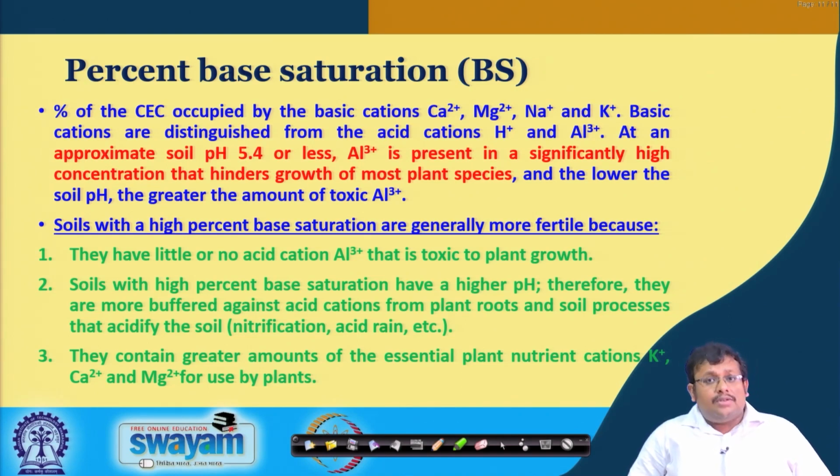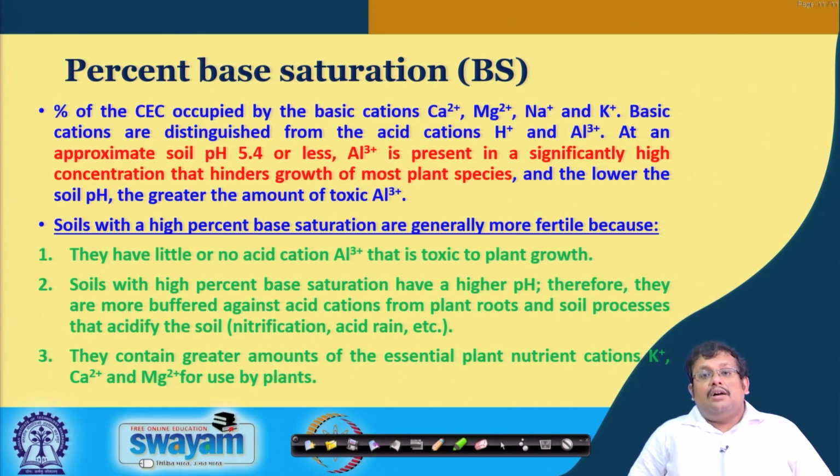Now, we have also discussed the reasons for high soil fertility in a soil with high percent base saturation. There are three reasons. One, they have little or no acidic cations like Al3 plus, which can show toxicity for plant growth.